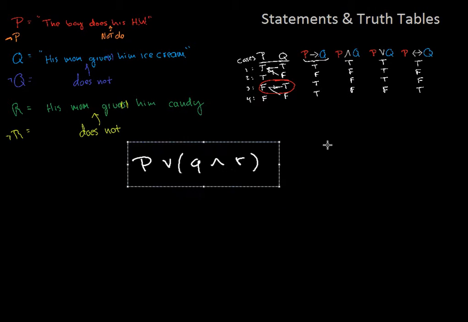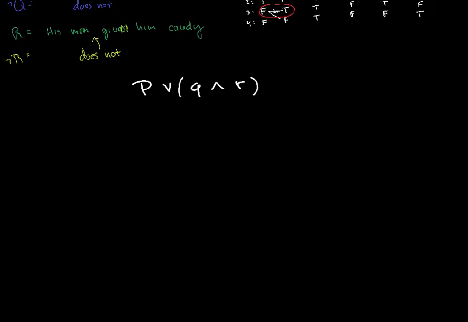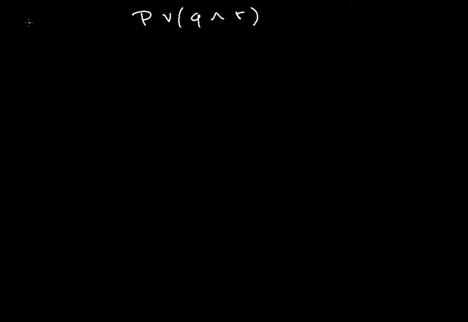And I guess we should just get started. All right, so actually I'm going to scroll down a little bit. So we have P, Q, and R. So if we need 16 rows, is that right? No, 2 times 2 is equal to 4, and 4 times 2 is equal to 8.